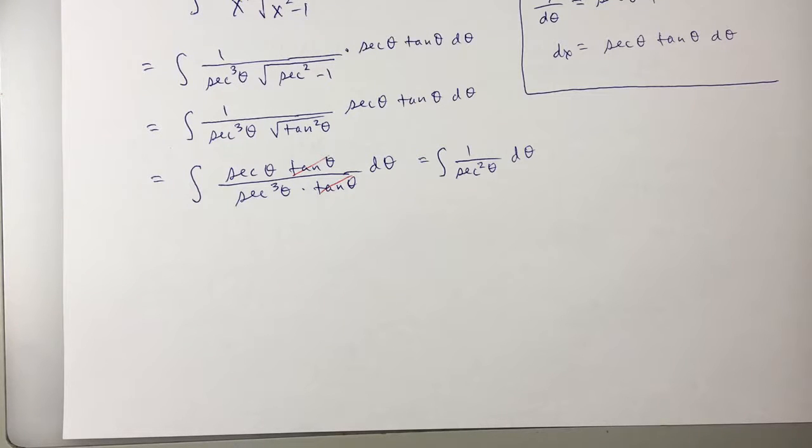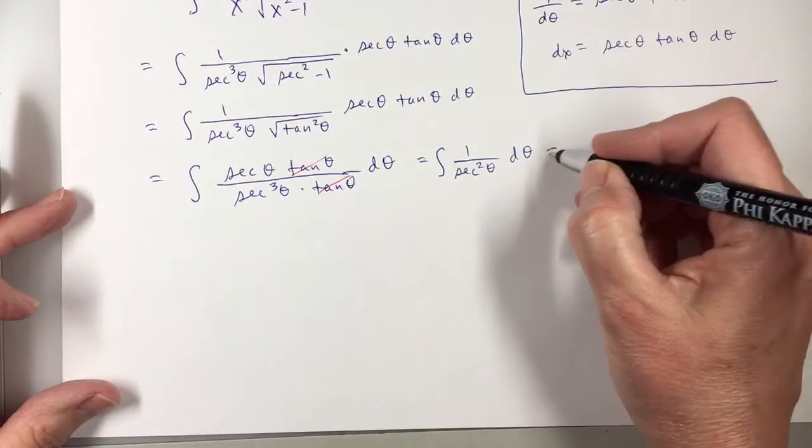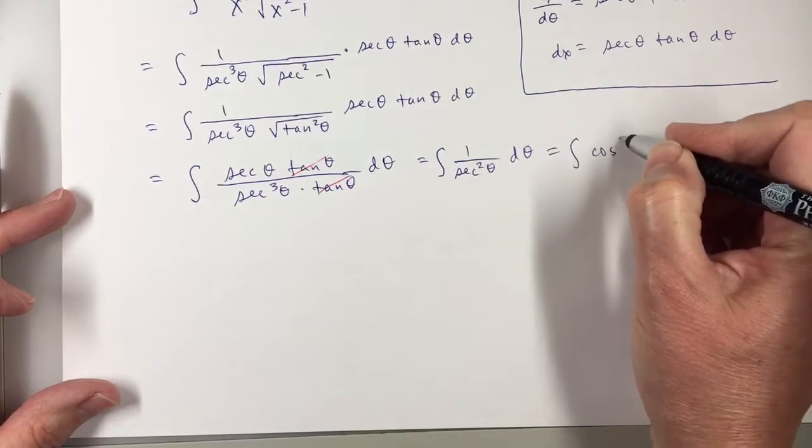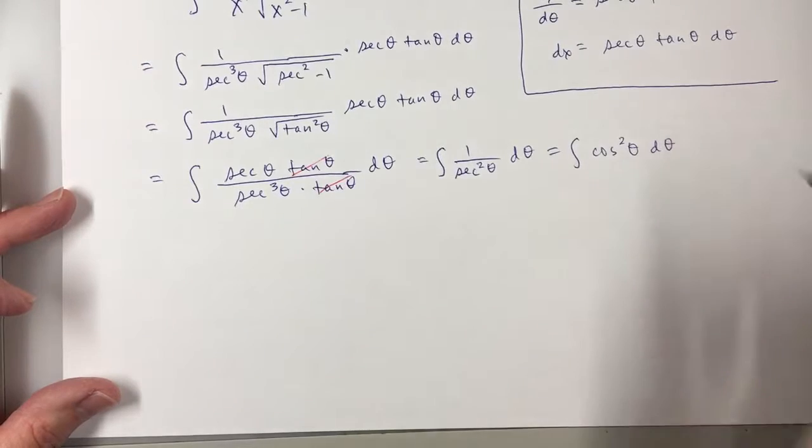Now, raise your hand if you know what to do from here. Okay. I'm looking at 1 over secant squared theta, and that is the same as cosecant squared theta. So this is the integral of cosecant squared theta d theta.